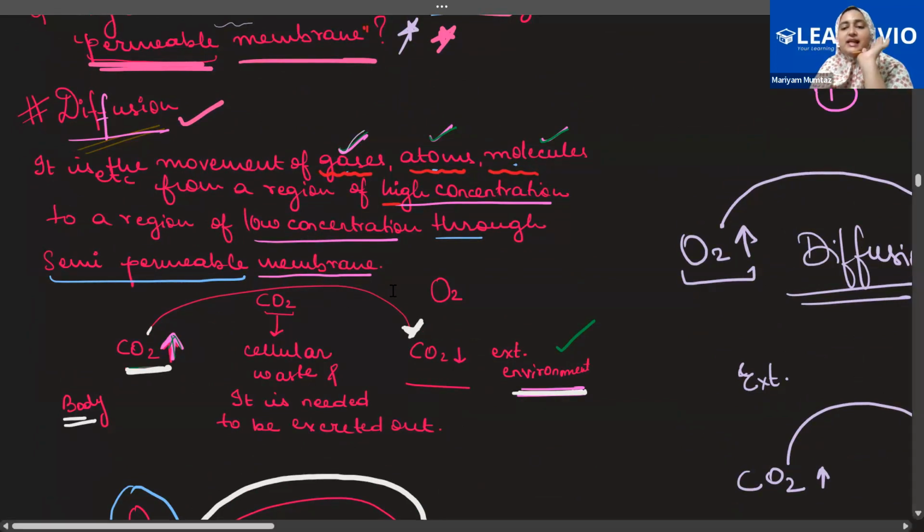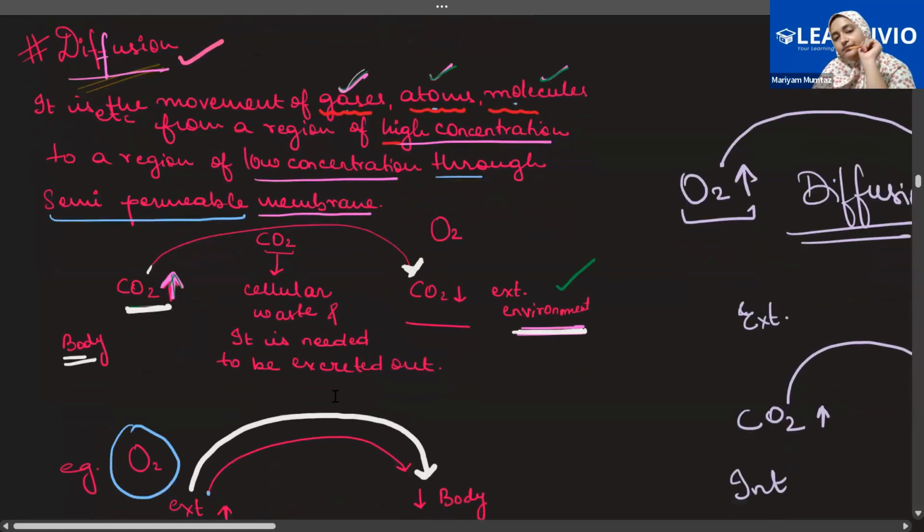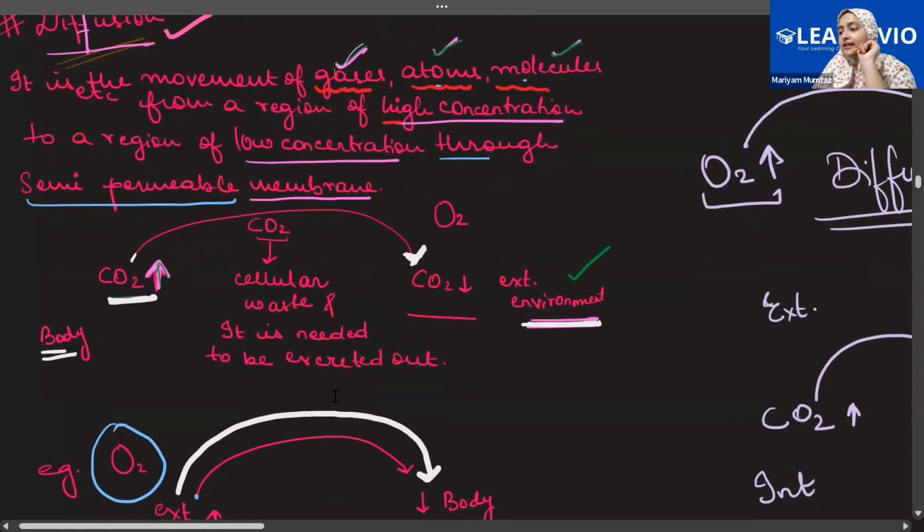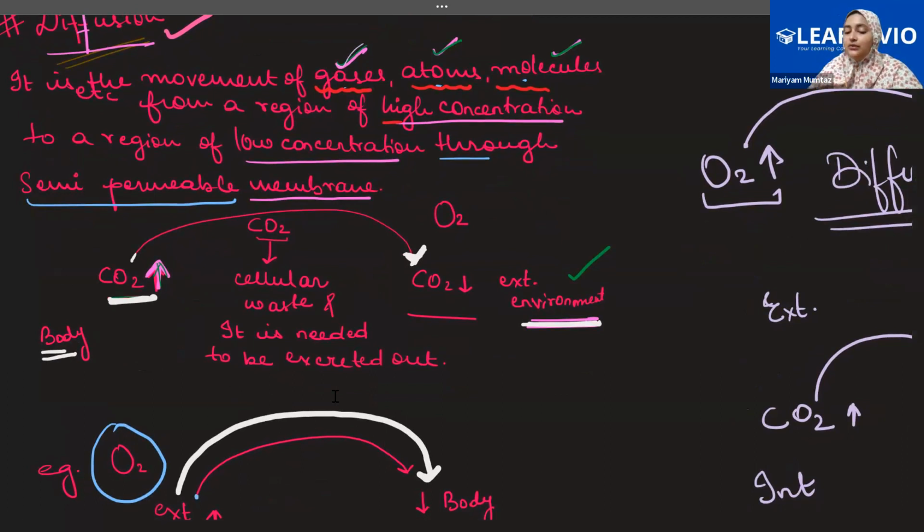The best example of diffusion is inside our body. Which is the gas that we breathe in? Oxygen. And which is the gas that we breathe out? CO2. Right. So this taking in of oxygen and giving out of carbon dioxide happens by a diffusion process only.